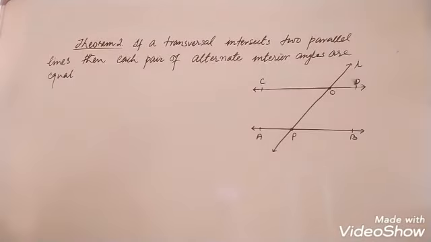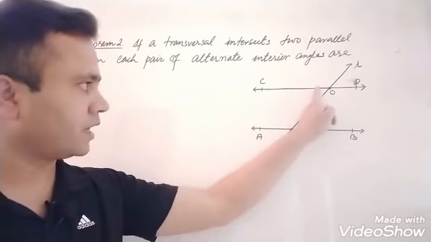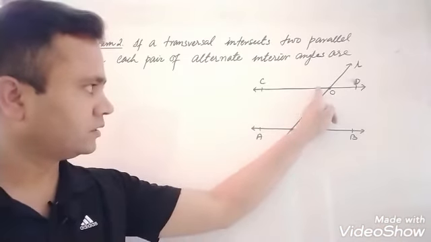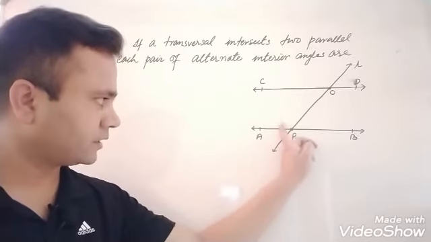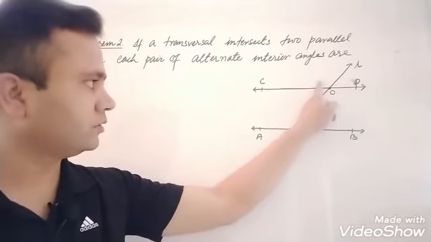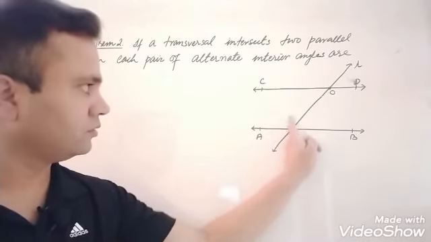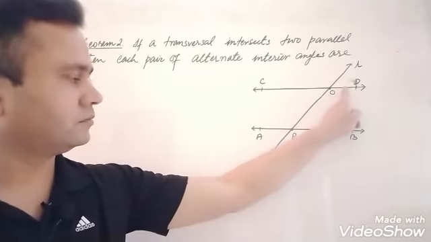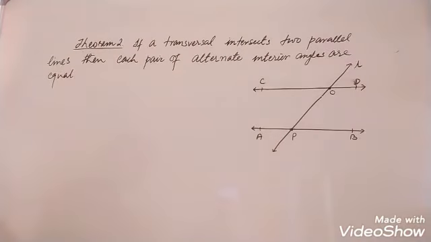Now we have to prove this angle equals this angle, and this angle equals this angle. We need to prove these pairs of angles are equal. Now let us mark the angles with numbers.